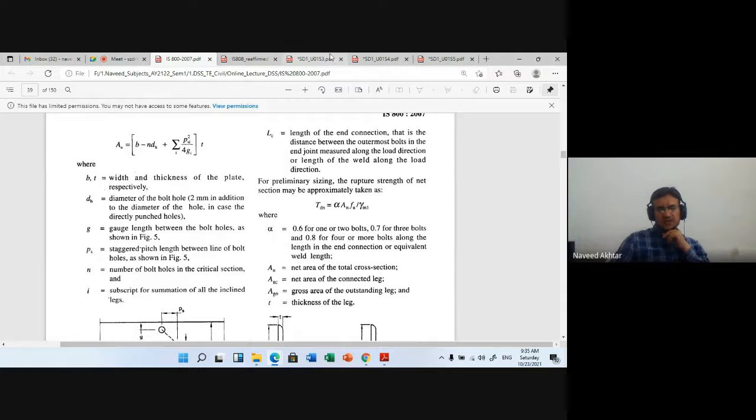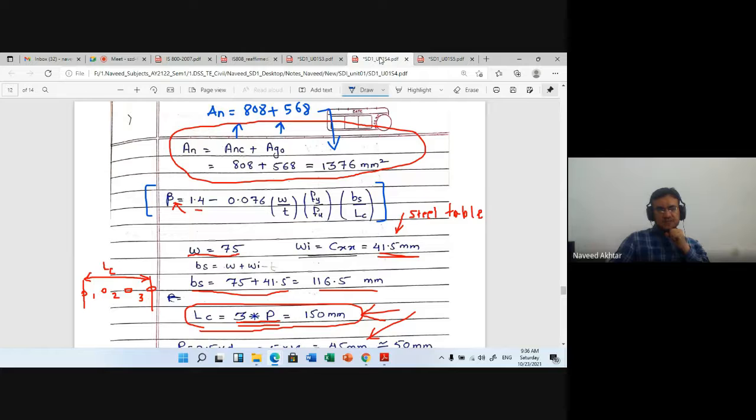So you can find out the bs, and Lc is the length of connection, that is center to center distance between the end bolts. Okay. So how many number of bolts are there? Based on that, you can easily find out the Lc.